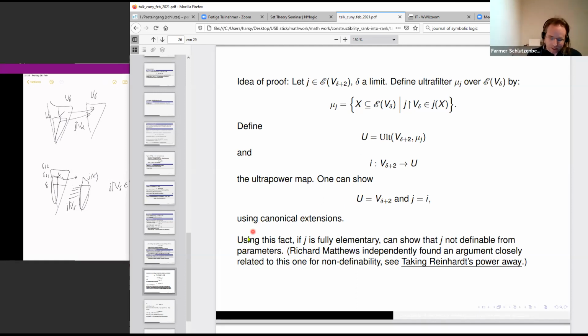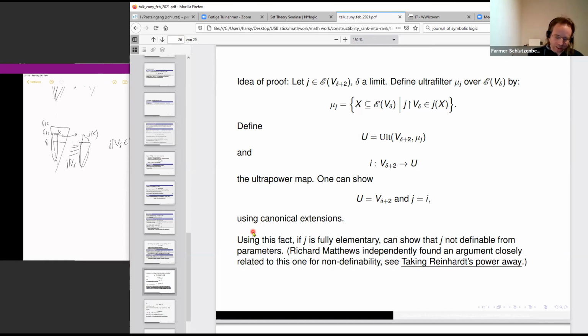If you had a parameter in V delta plus 2 from which you can define the embedding, so it looks like delta plus 1, delta plus 2, we move across. There's some P here in V delta plus 2 from which we can define the embedding. So basically, it suffices to get that P is in J of X for some set X back in V delta plus 2, but that's the cofinality.